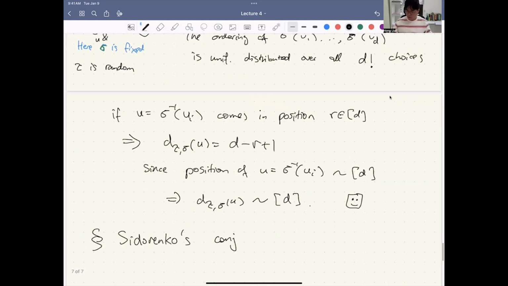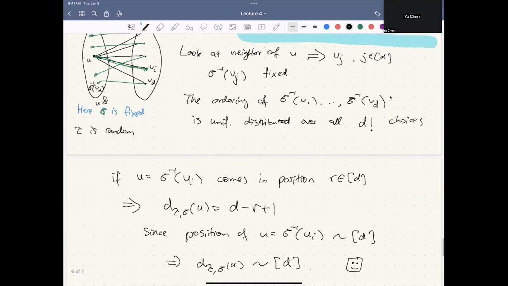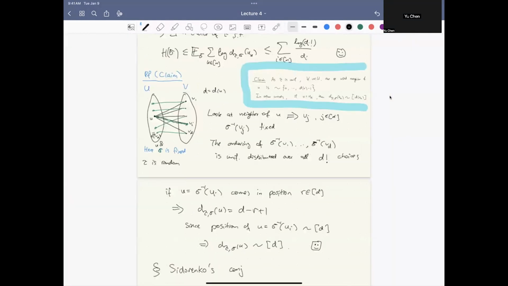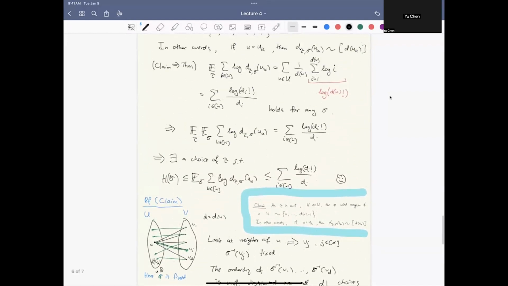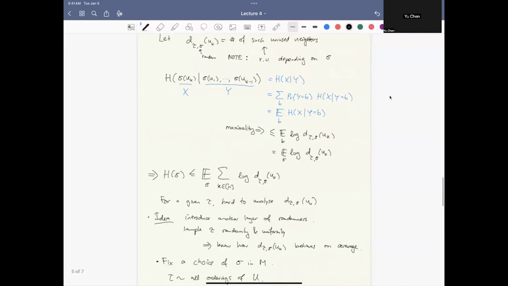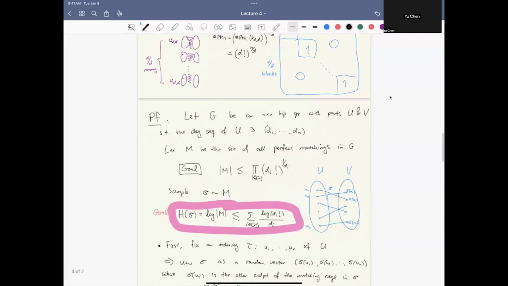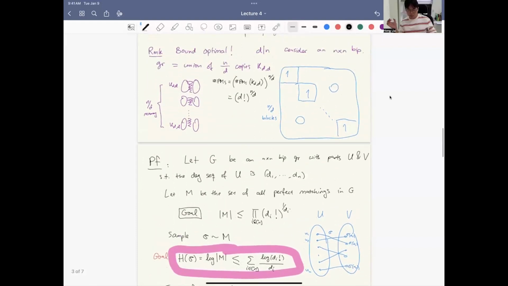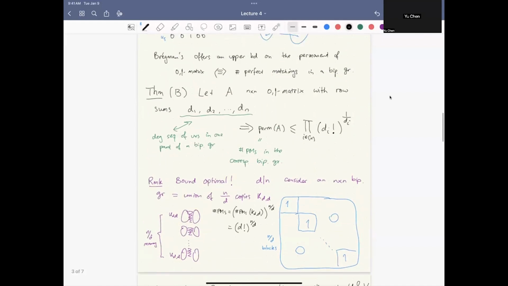Can di be a function of n or a sequence of degrees, or can it just be a constant? It can be anything. There's no restriction here. Okay, yeah. Thanks.